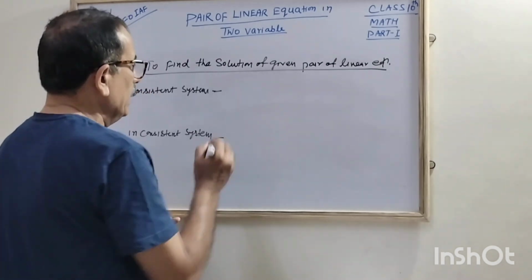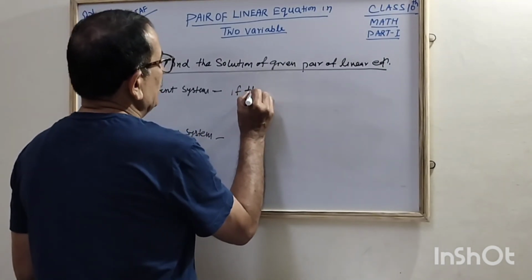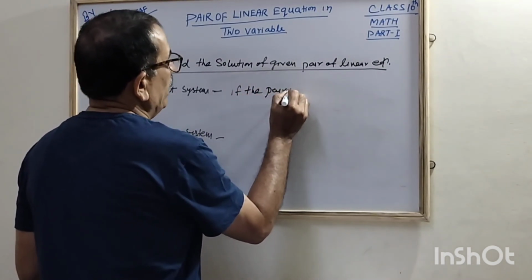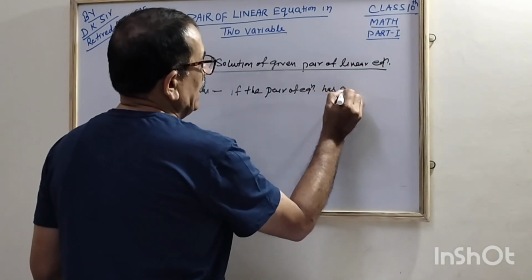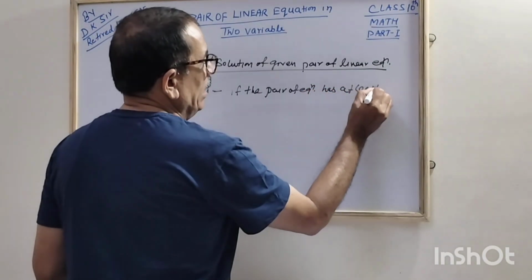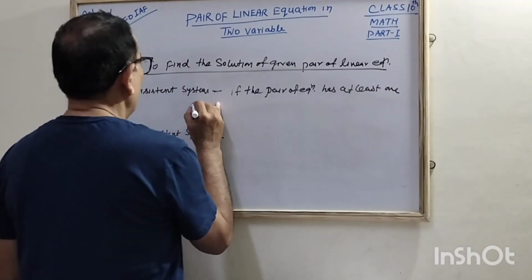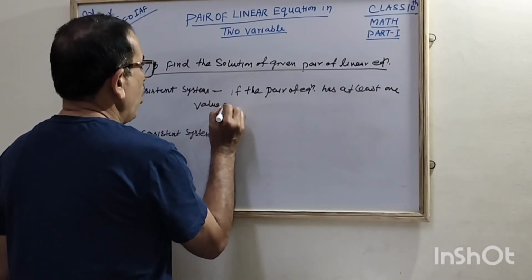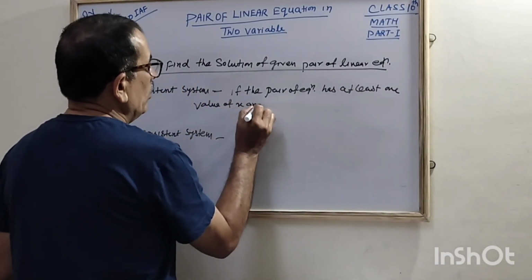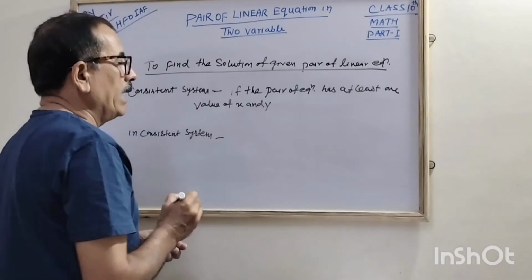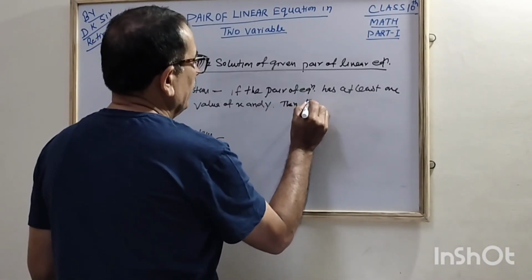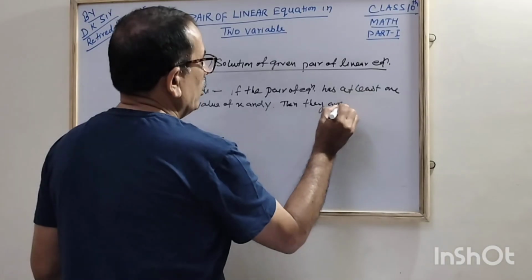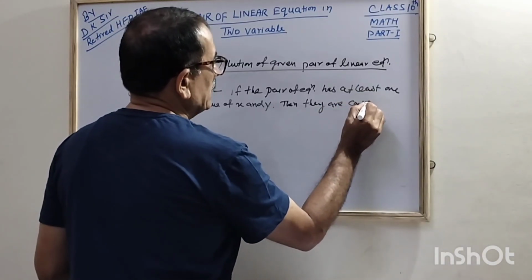How to define it? If the pair of equations has at least one value of x and y, then they are consistent.